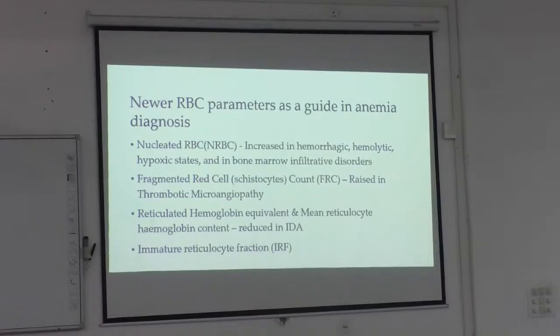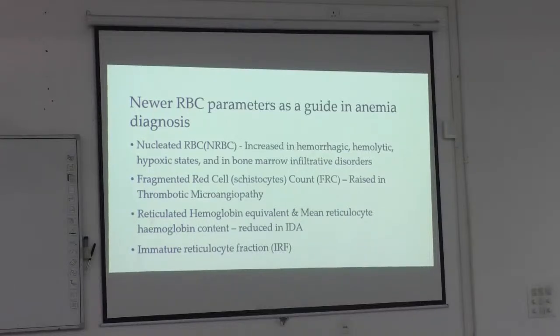Newer RBC parameters, you can skip this thing, only nucleated RBC you can remember. So, nucleated RBC is a very early parameter of increased bone marrow activity, because RBC initially is nucleated there, then it loses nucleus, then comes out in the blood.